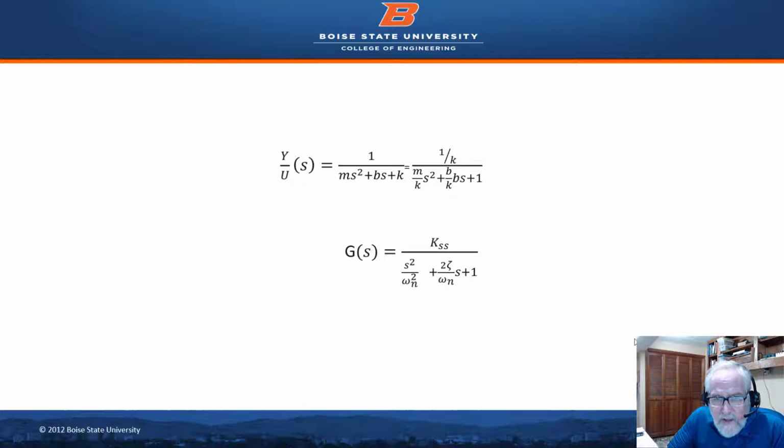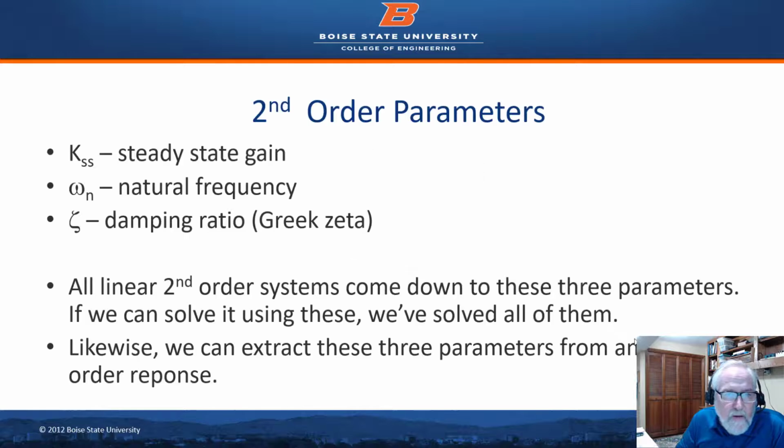In other words, m over k is 1 over the square of the natural frequency, and you can continue to see those connections. So we say we've parametrized the second order system to these 3 parameters. All linear second order systems can be parametrized in this way.